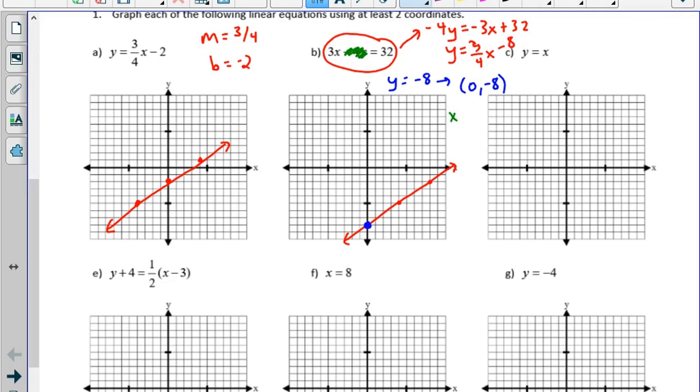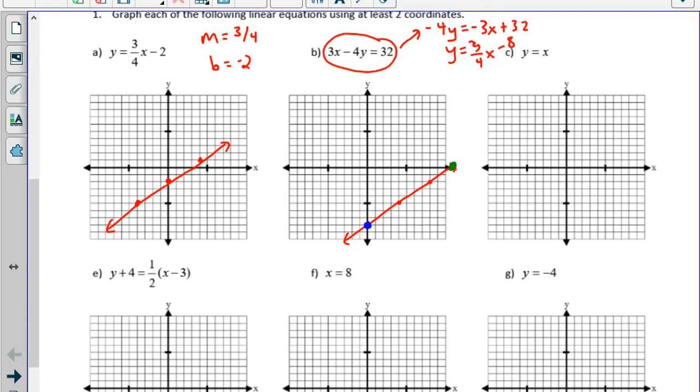So I get x equals 32/3, and so I know that the x-intercept is (32/3, 0). 32/3 is about 10 and 2/3, which, if you notice, is a point that's already on the graph. So I could have graphed it using intercepts, or what I call the cover-up method, if I wanted to do it that way. So that's problem 2.